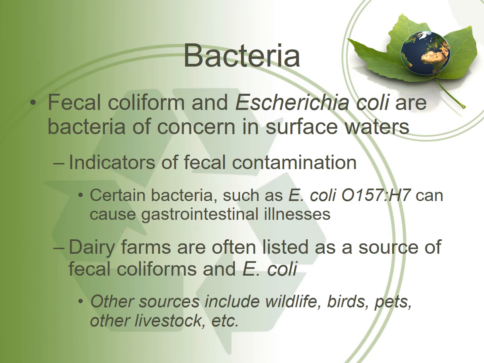This is a pretty harmful E. coli. It can cause gastrointestinal illness. Dairy farms are often listed as a source of fecal coliforms and E. coli, but it's not just dairy farms, it's other sources like wildlife, birds, other livestock, things like that. So dairy often gets the blame for this, but it's not always us.